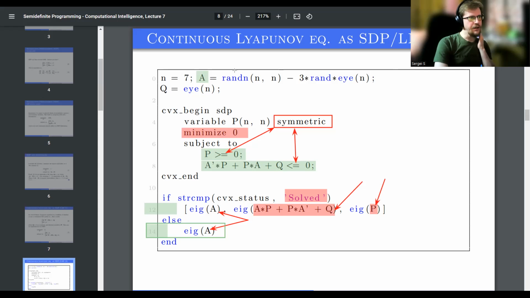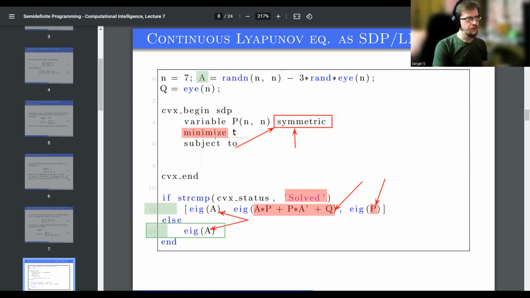In the eigenvalue example, remember the difference was that here, let me try to illustrate. In the example with eigenvalues, we would have t here. Minimize t, remember? We wouldn't have these conditions here.